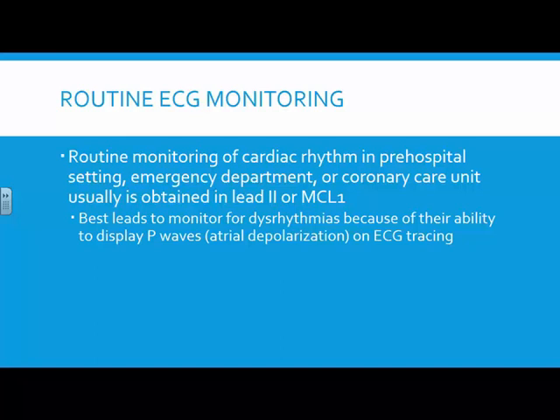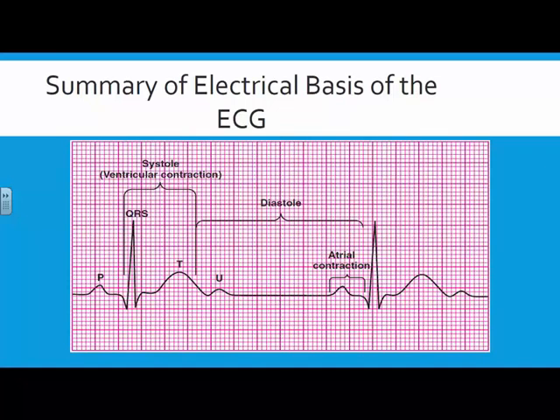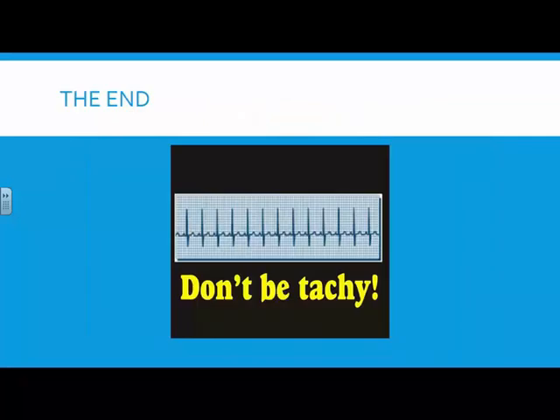Best lead to monitor dysrhythmias because it gives us the best view of atrial depolarization as well. So we've got our P wave, our PR segment, or your PR interval, your QRS complex, your ST segment, then your T wave.